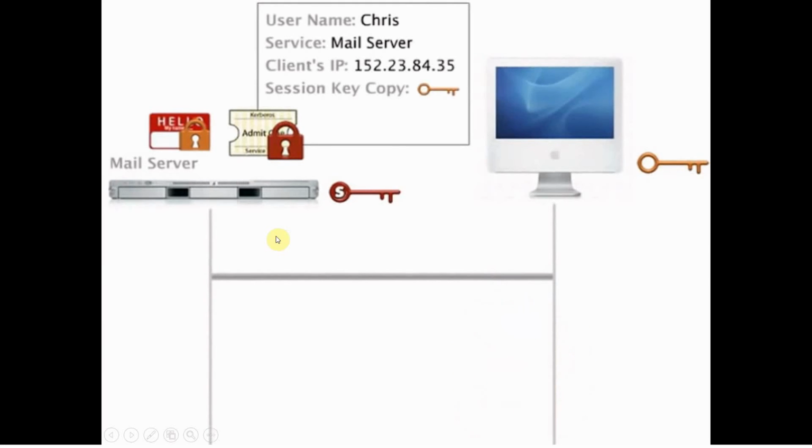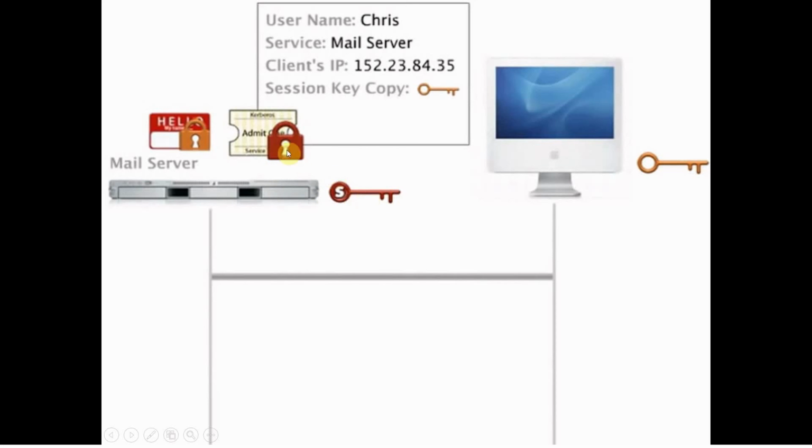The mail server retrieves this information and uses its private key to decrypt the service ticket. It very well knows that only the KDC could have sent this service ticket, as it is the only one which has a copy of its private key.